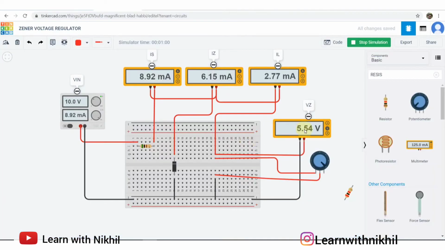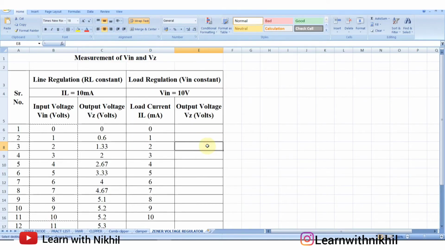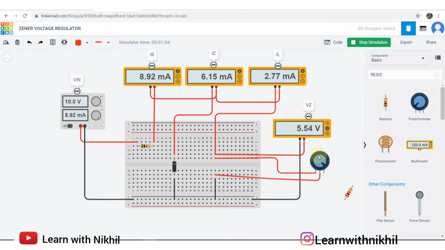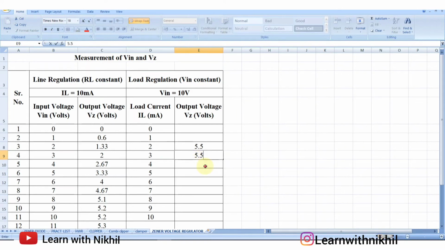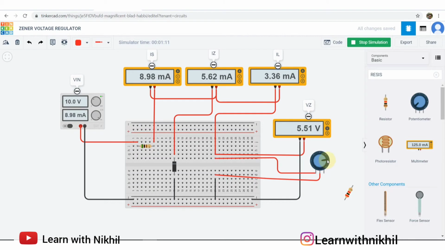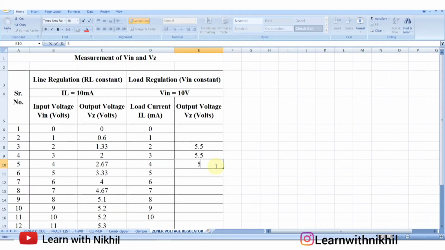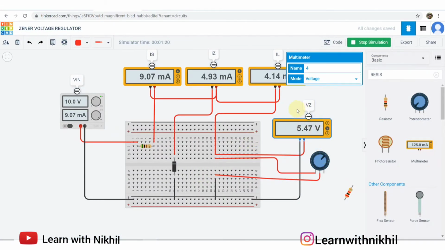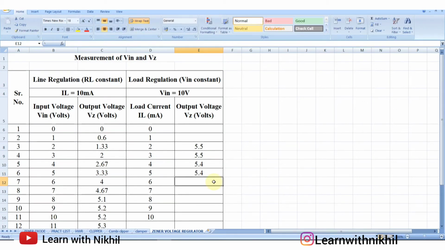I'll consider this as 2 volts, 2 volts we have 5.5. 3 volts, 5.5, then 4 volts, consider this 5.4, then 5 volts, vary this, this 5 volts we have 5.4, then 6 volts.